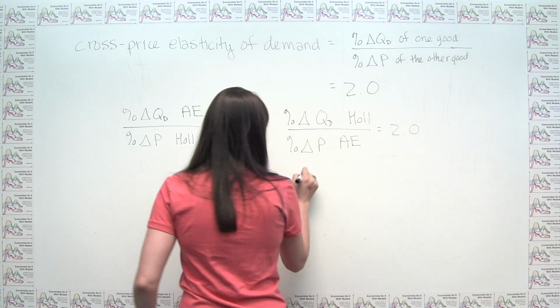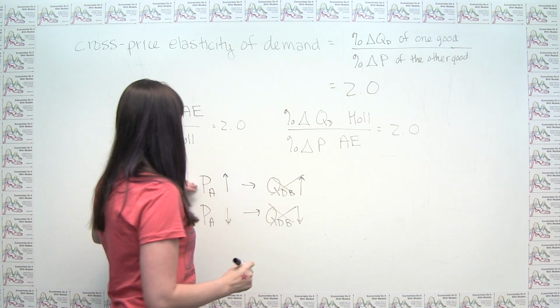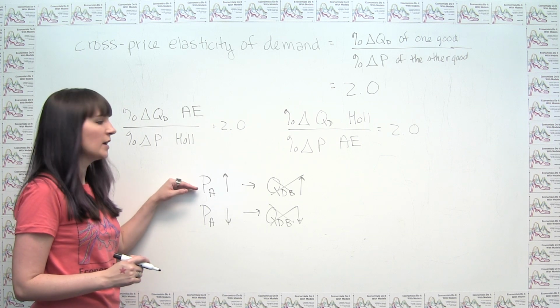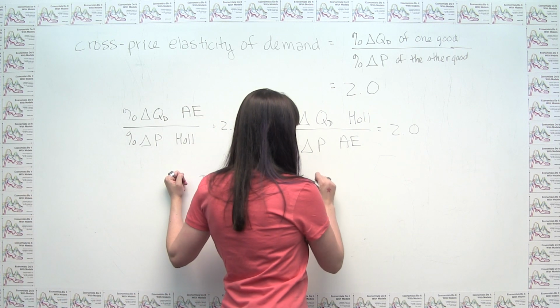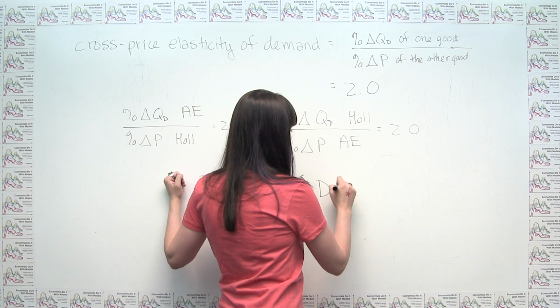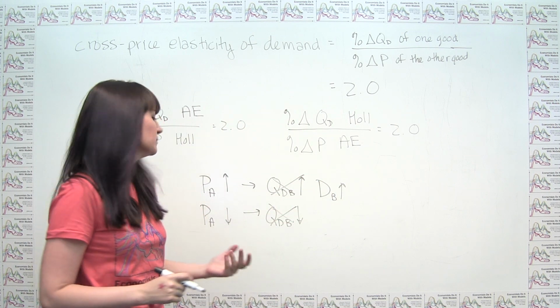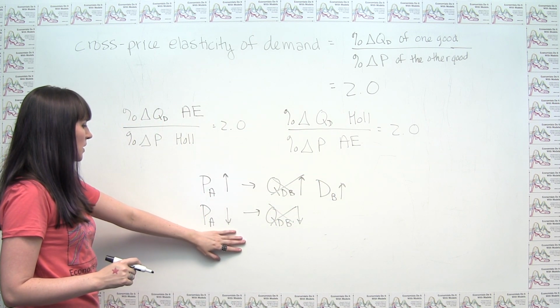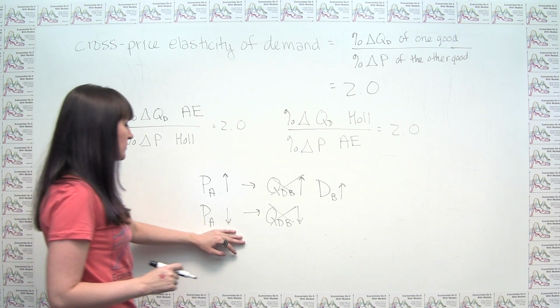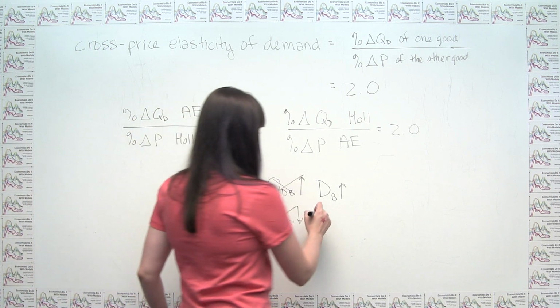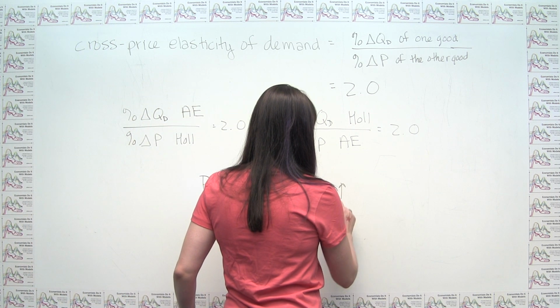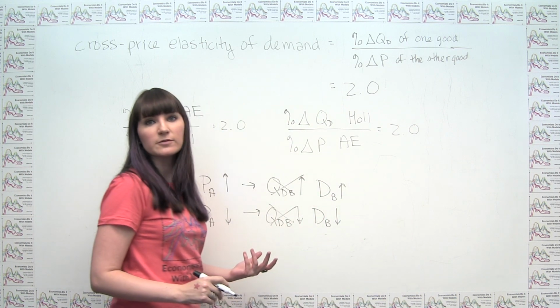So an increase in price of company A is going to take the whole demand curve of company B and move it to the right. Similarly, a price decrease at company A is going to take the whole demand curve of company B and move it to the left.